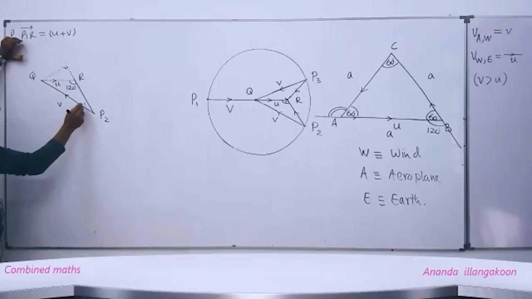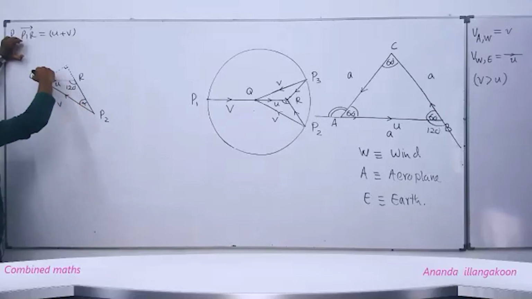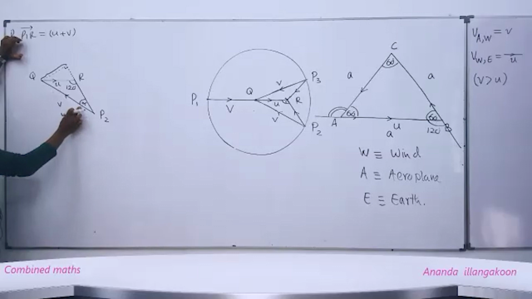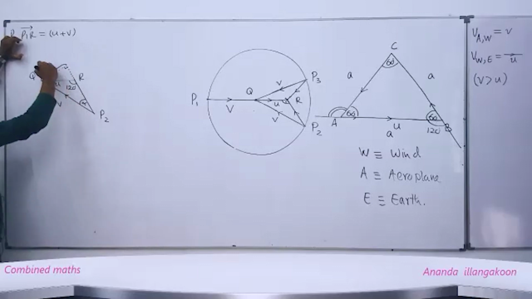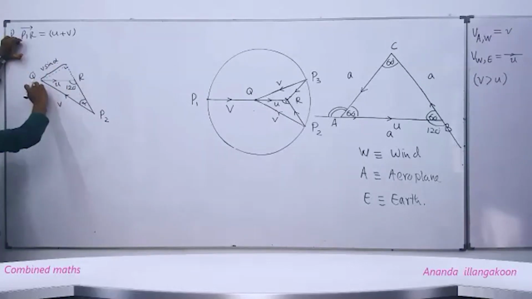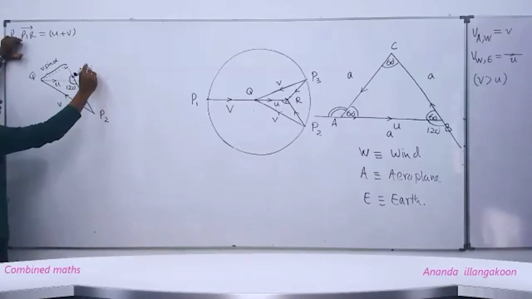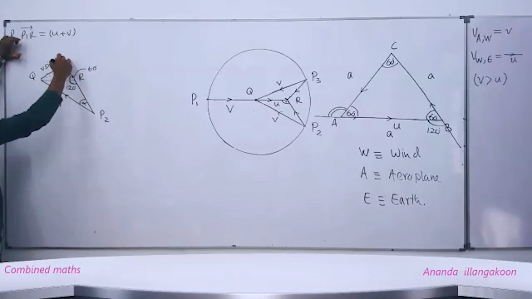If I take this angle as alpha, people, this length you can write as V times, since here 90, V times sine alpha. The same length you can write, people, by using this U. When this angle is 120, this is 60, no? Right? This is 60. Then the same length I can write as U sine 60.